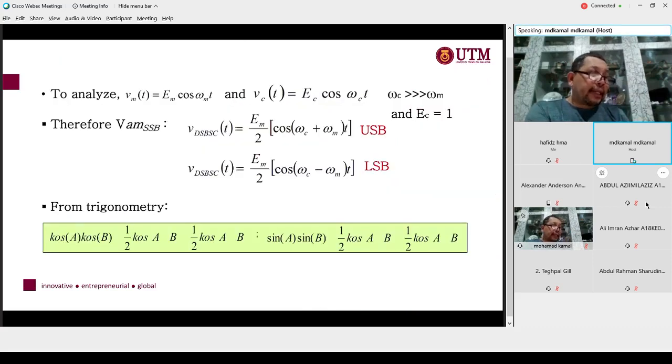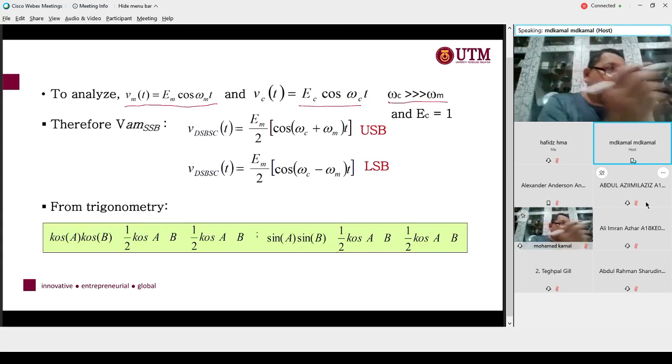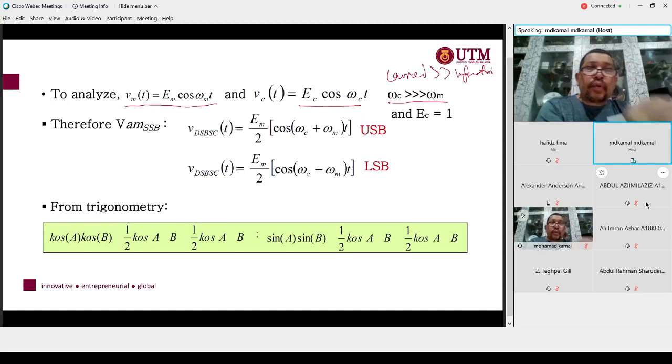If you want to analyze, as usual, VMT is equal to EM cos omega MT, and VCT is EC cos omega CT, where omega C should be greater than omega M as usual. The carrier frequency must be greater than the information. Sometimes I use the word information. Okay, remember, next week I will give you a quiz again.